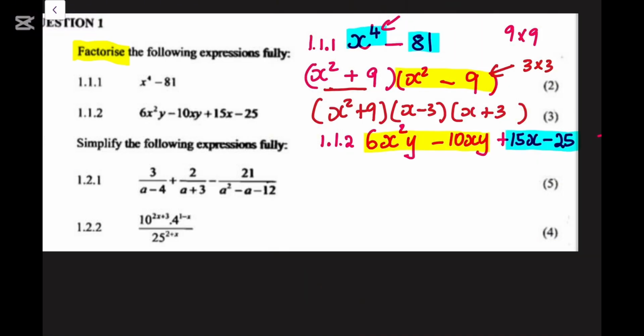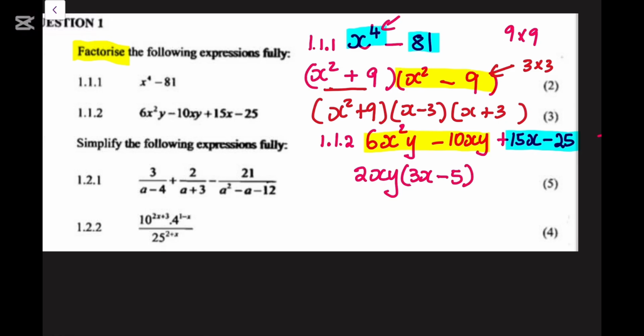From the first 2, I'm going to take out the common factor. We do have a number that can divide into 6 and into 10 as well. That number is 2. So our common factor in the first 2 terms will be 2xy, and then you are going to remain with 3x minus 5.